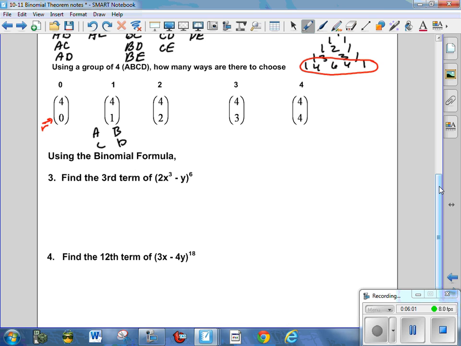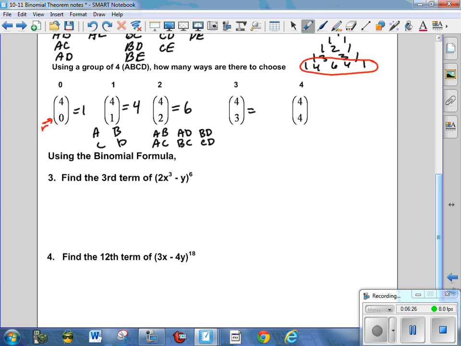So I'm going to write here that this equals 1, this equals 4. How many ways are there to select 2 out of 4? A, B, A, C, A, D, B, C, B, D, C, D. 6. There's 6 ways to select 2 out of 4.